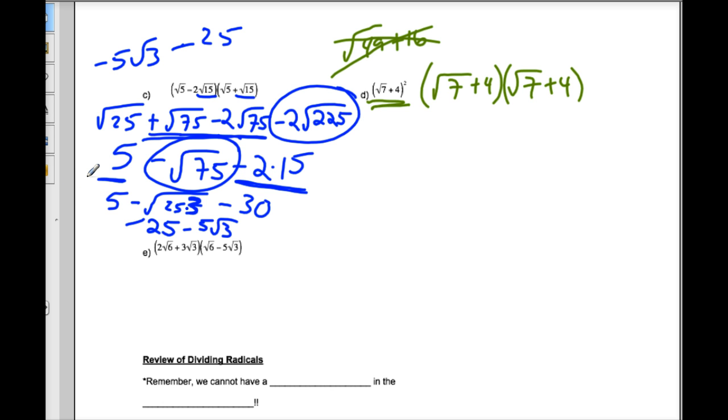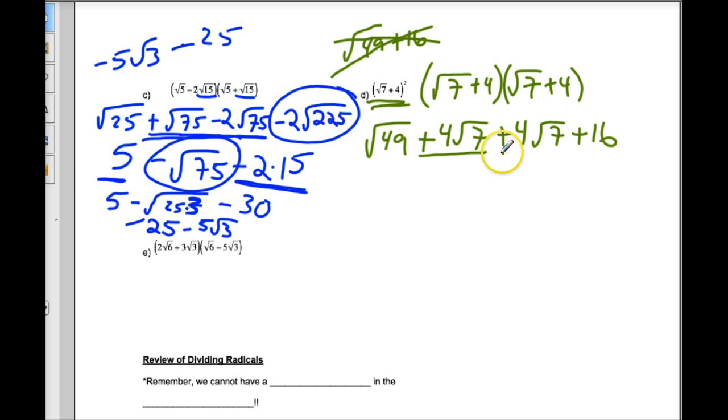It's a perfect square trinomial, actually. What's radical 7 times 4? 4 radical 7. So I'm getting radical 49 plus 4 radical 7 plus 4 radical 7 plus 16.